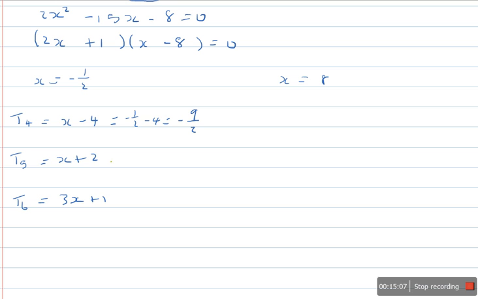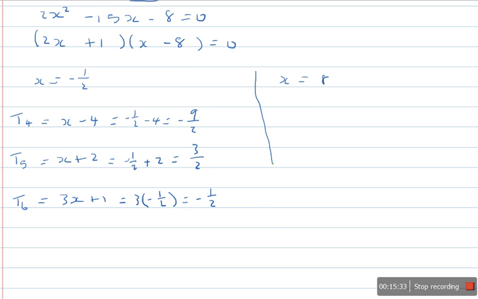Then we put in negative half again for T5, so it's negative half plus 2, which is 3/2. Then on this side it's 3 times negative half, and then we get negative 1/2, where x is negative half.